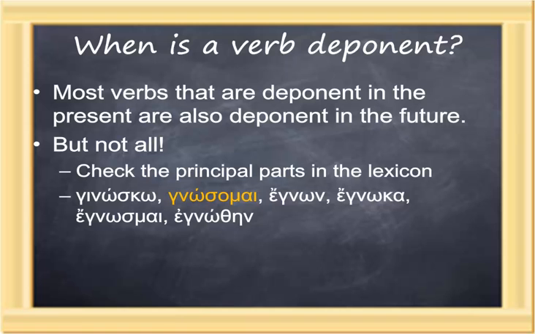If it's deponent in that principal part, the tense is deponent. If it's not, it's not. So, for example, ginosko, the word to know, in the future is gnosomai. It's deponent in the future, but not in the present or the aorist.